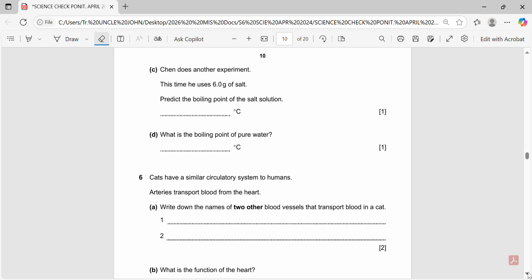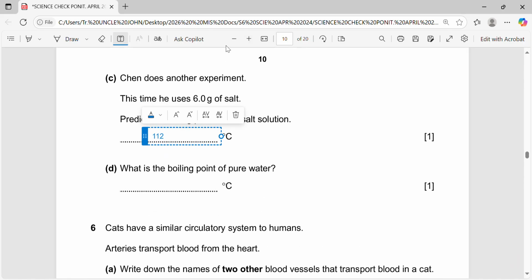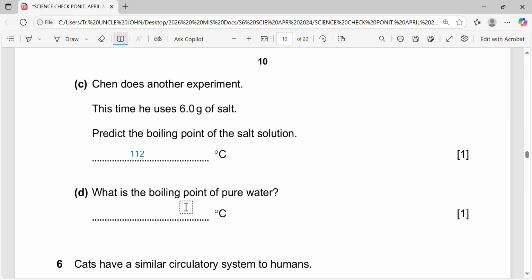That's 112 Celsius degrees. You can see it as well. Then what is the boiling point of pure water? That's 100.